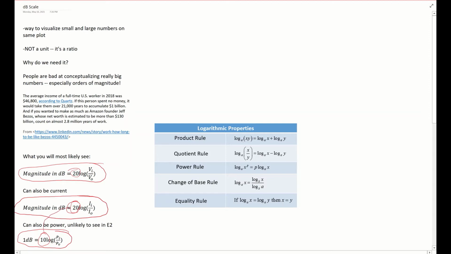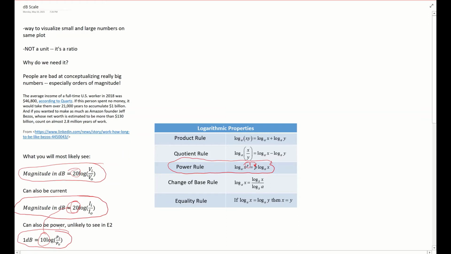Well, I don't know about you, but when I was first learning about the decibel scale, it had been a minute since I had taken algebra and was really actively using logs a lot. But if we can harken back to those days and try to remember some of those properties, we can look at the power rule right here, and that's actually telling us that when you have something raised to some power, you can bring that power out in front of the log to make your life easier in some cases.